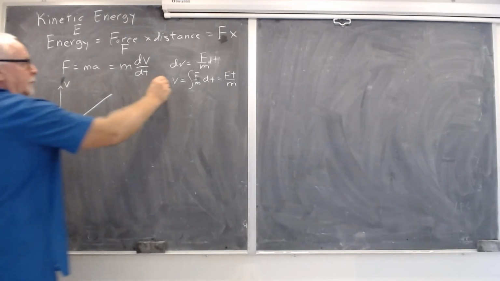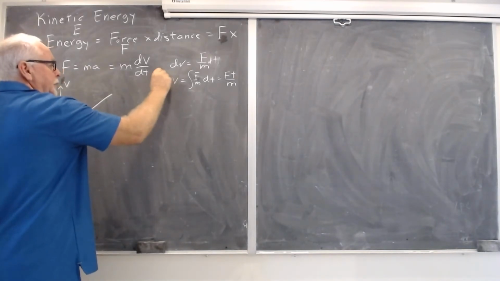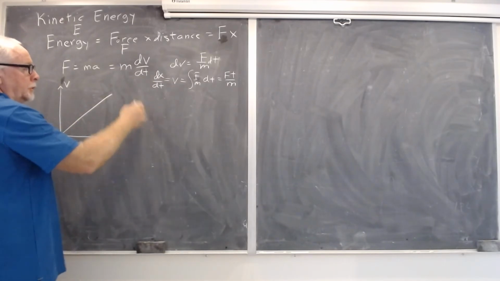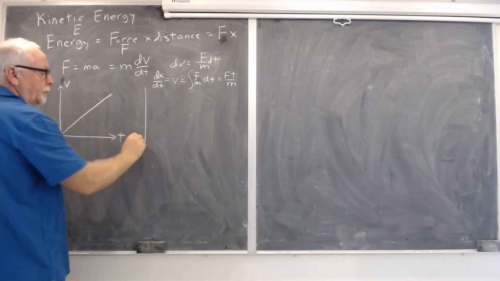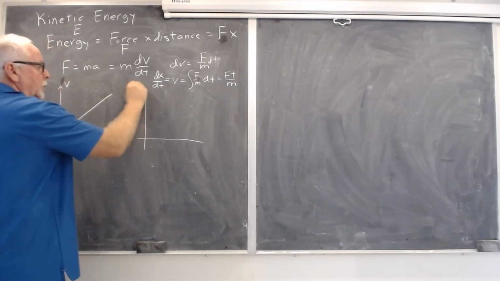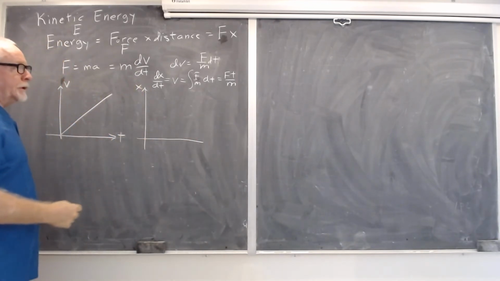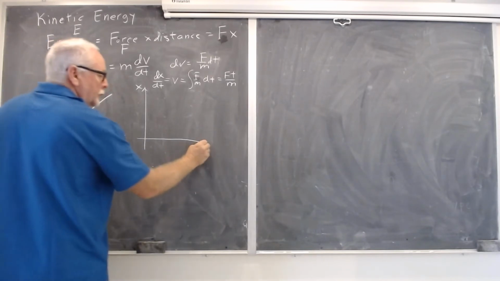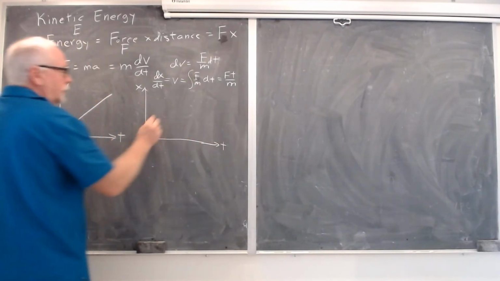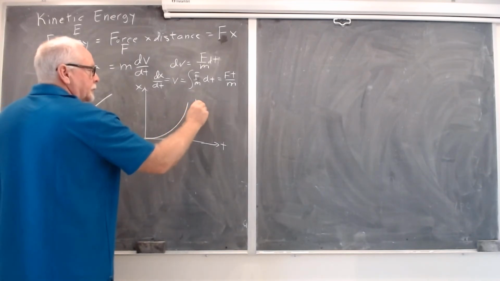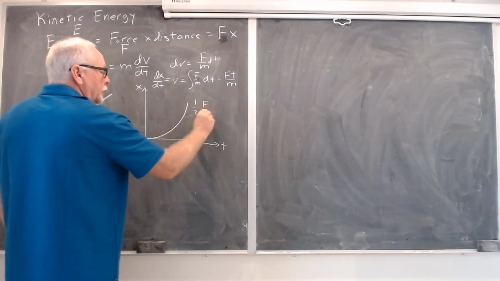Now, we know what v is. v is dx/dt. So if we perform the same integral there, what we will find is that the distance over which it's traveled versus time goes up as 1/2 F over m t squared.